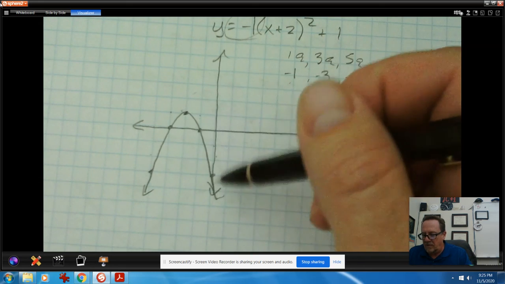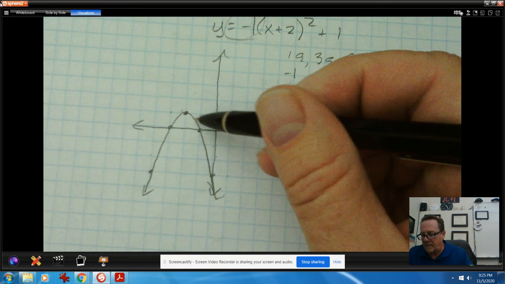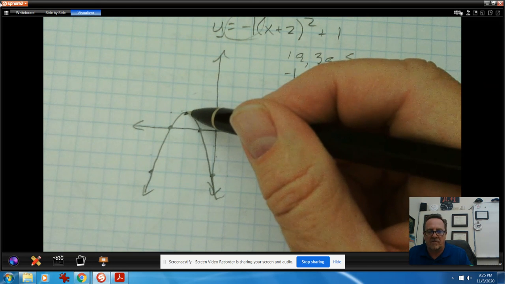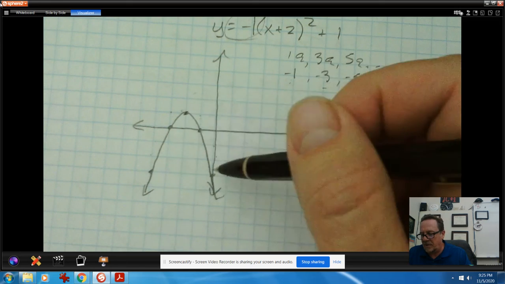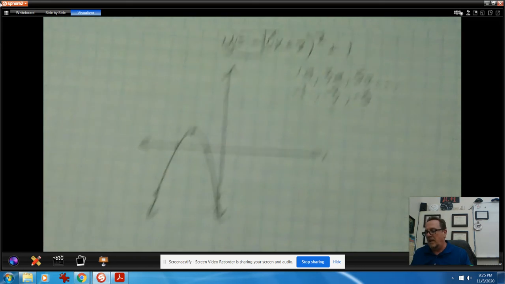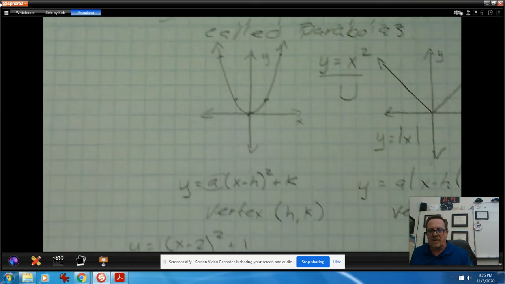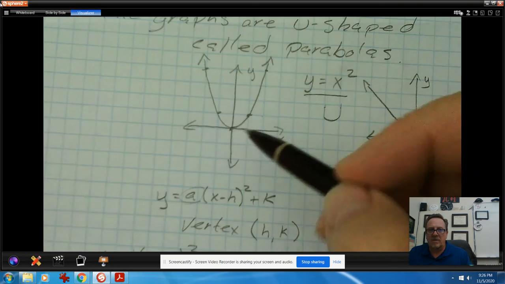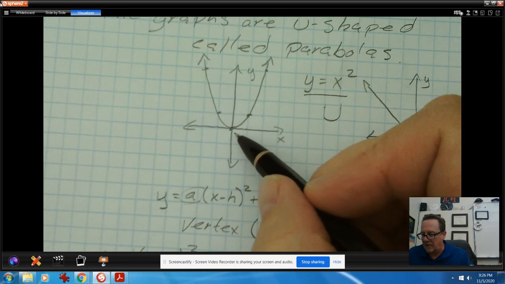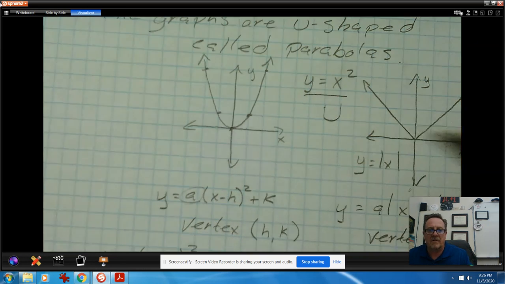The y values along this plot are going to be at their peak or their maximum value at the vertex right here. So when the parabola is upside down like this, you have a maximum y value. When the parabola opens the other direction, when it's opening upwards, the y values that make up this graph will have a minimum value at the vertex. And that's important later on as we look at things like minimum and maximum values for the function.